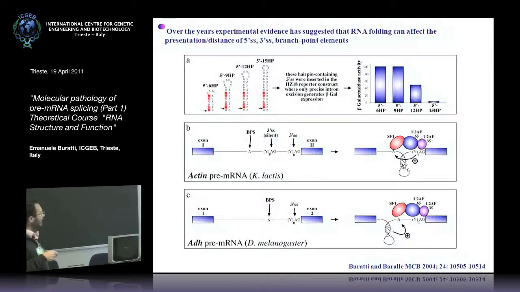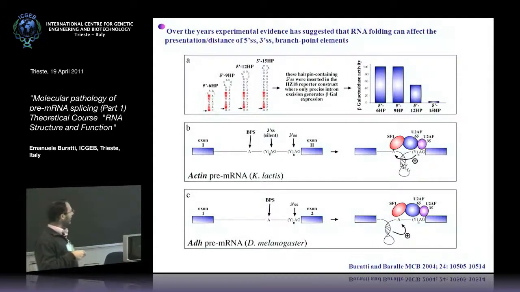But RNA secondary structure, of course, is not just inhibitory, it can also help the recognition. So, for example, if you have different branch point sequences that are maybe too far away from the 3' splice site to have an efficient recognition, if you have the formation of a stem element between the branch point sequence and the 3' splice site, then you can actually promote its use.